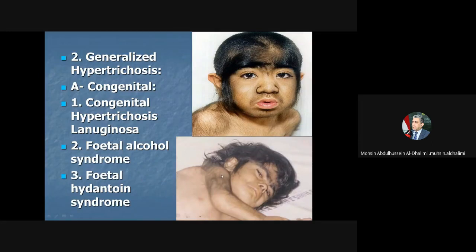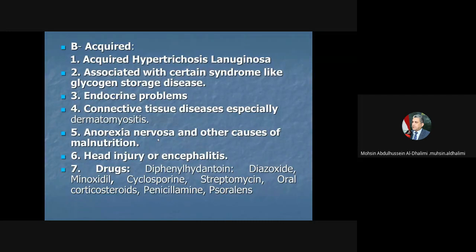Fetal alcohol syndrome and fetal hydantoin syndrome, hypertrichosis when the mother get alcohol or hydantoin during pregnancy. Acquired causes عندنا هذه مهمة. acquired hypertrichosis lanogenosa، هذا البيشنت ما عنده شيء بس من يكبر يطلع له very thin hair and very thin lanogo hair. هذه مهمة جدا لأنه it may indicate underlying malignancy.